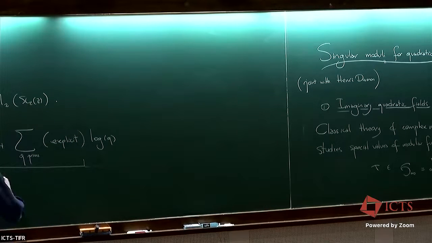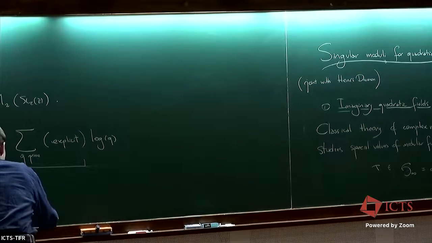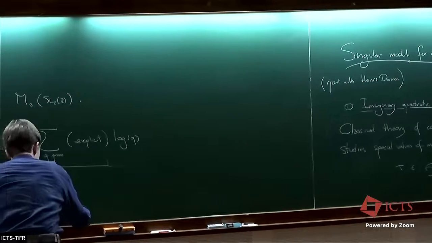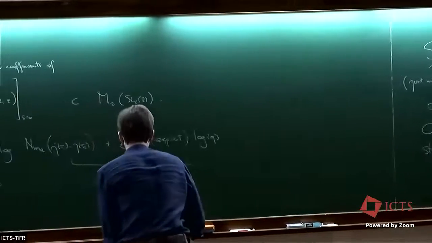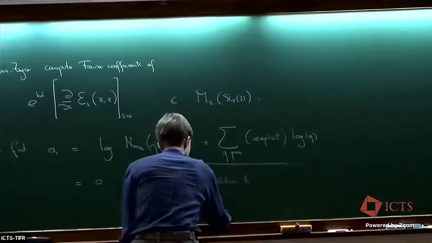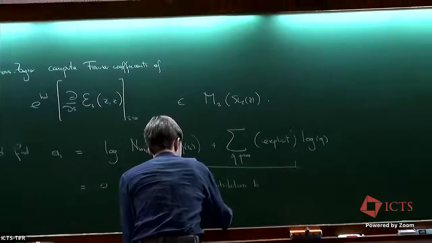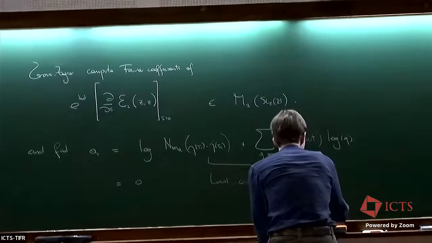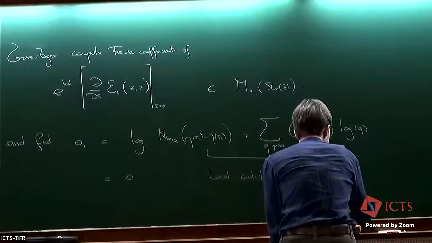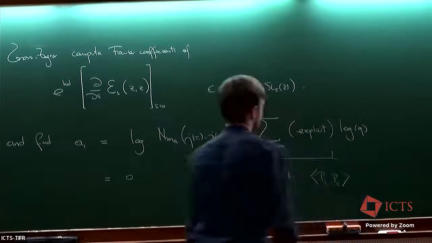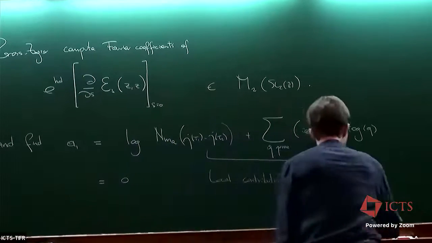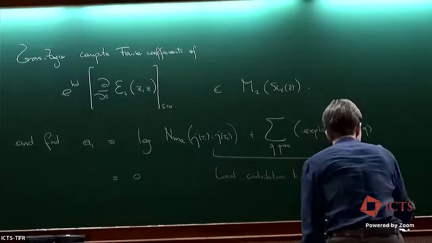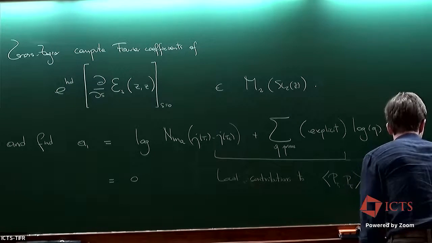So these are the local contributions, I should say, to the global Néron height pairing of the CM points associated to tau 1 and tau 2, on the modular curve X1.